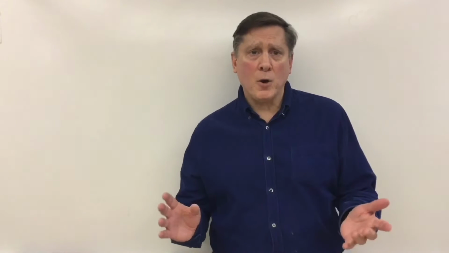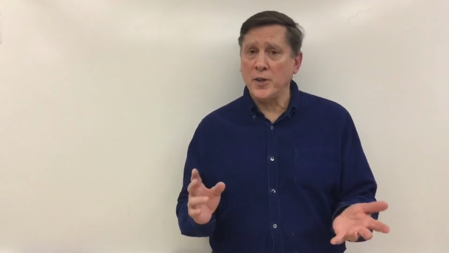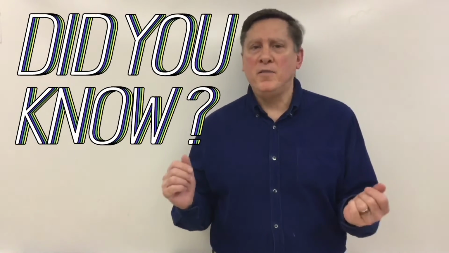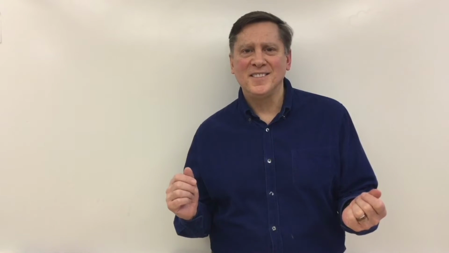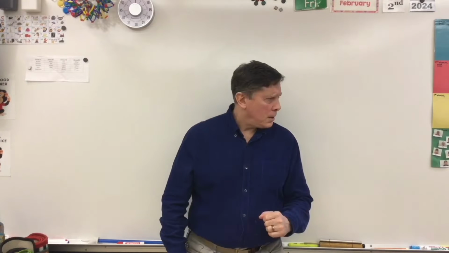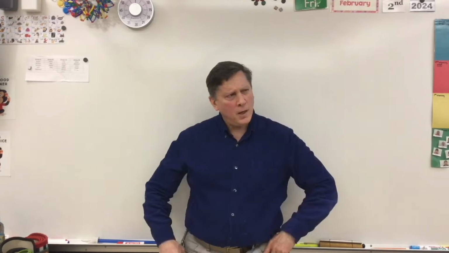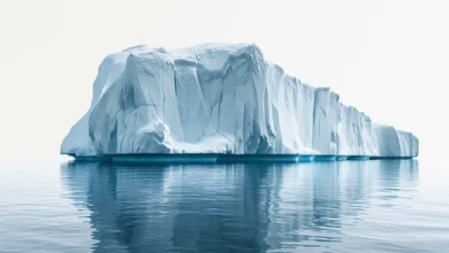All right, it's time in our episode for this segment that I like to call the Did You Know Fun Facts. Did you know that the largest iceberg in the world is named A23A, and it's nearly 3 times the size of New York City?